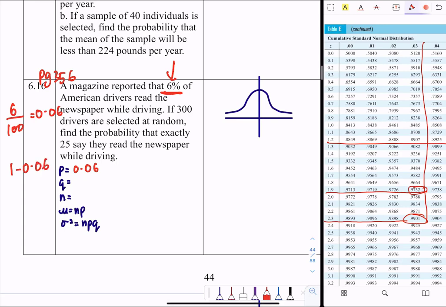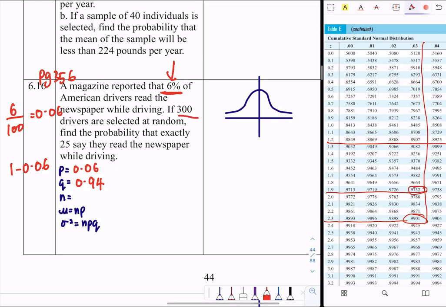Press the calculator, don't calculate in your head. It's fine if you are good at mental calculation, but please make sure that you always use the calculator, so that you become skillful in using it. Then after we subtract, we get the value of 0.94.